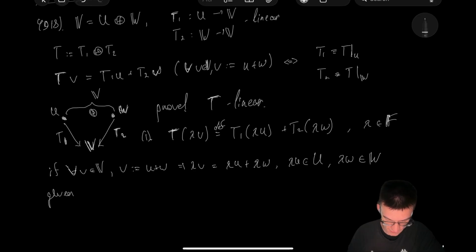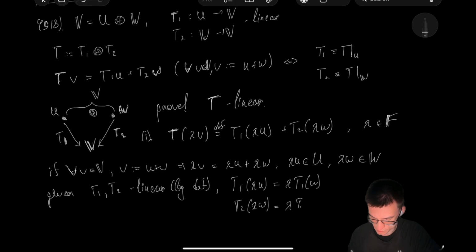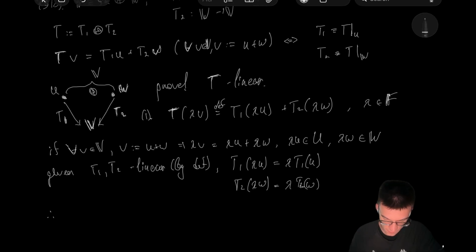Given the fact that T1 and T2 are linear by definition, we can conclude that T1 lambda u equals lambda T1 u, and T2 lambda w equals lambda T2 w. Therefore, T lambda v equals lambda T1 u plus T2 w.